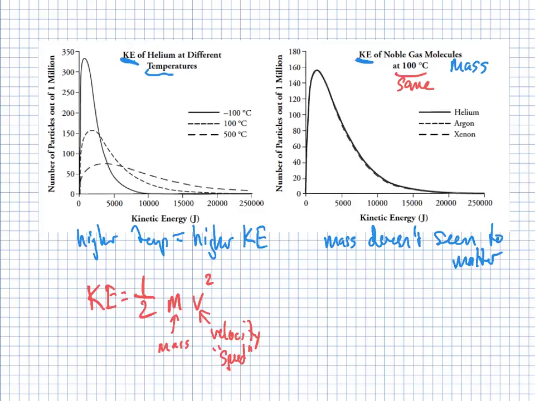So why doesn't my higher mass give me higher kinetic energy? Well, because higher mass equals slower speed, right? That's what we saw in the Maxwell-Boltzmann distribution on the other side. So when you increase the mass, you slow down the speed so that these two things essentially stay the same.